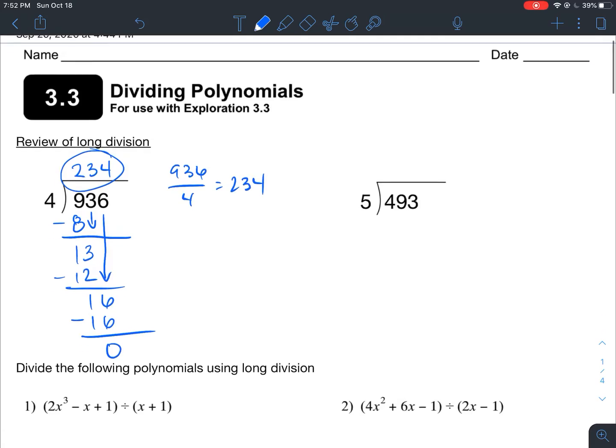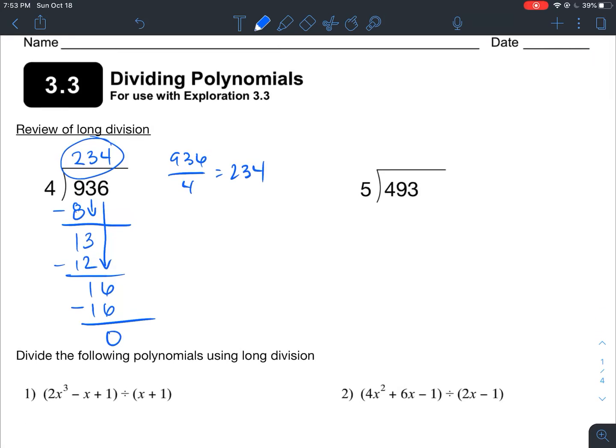Okay. Now let's try it again with this next one, 493 divided by 5. Notice here that 5 does not go into the first number. We can't, because it's too large, right? 5 is greater than 4. 5 doesn't go into 4. So whenever that happens, go on to using the next two numbers right here.